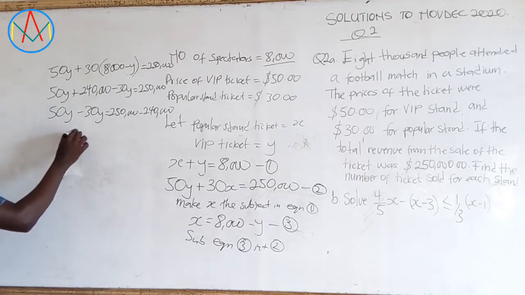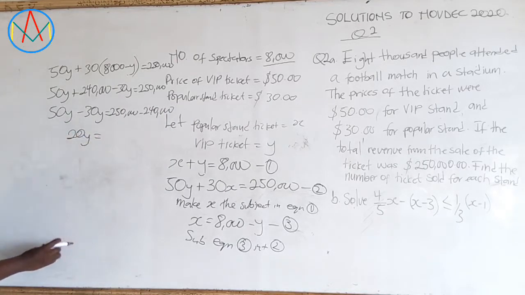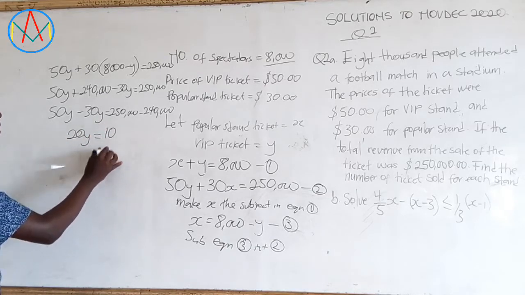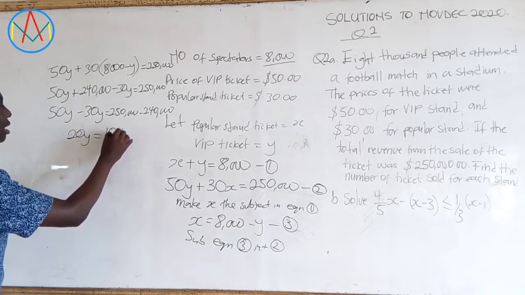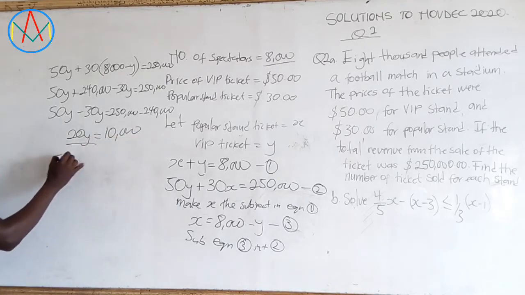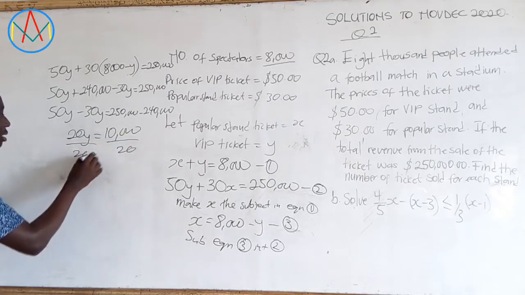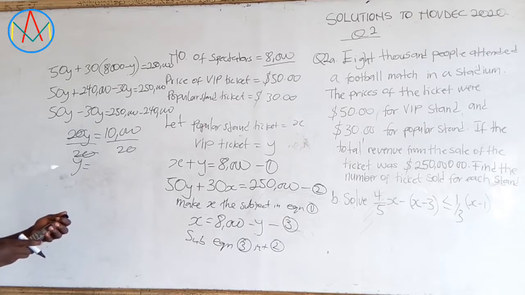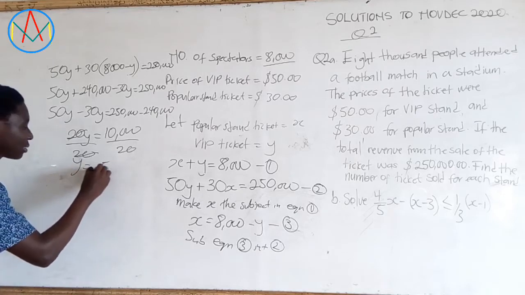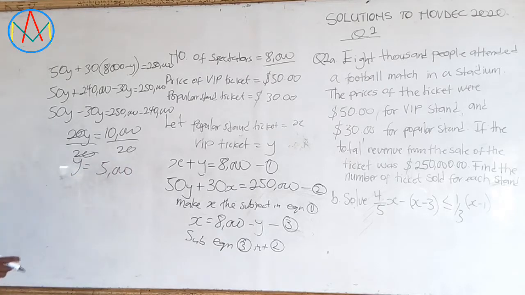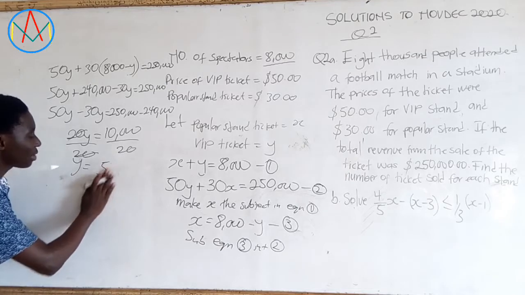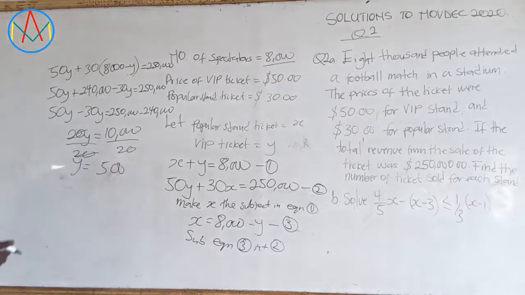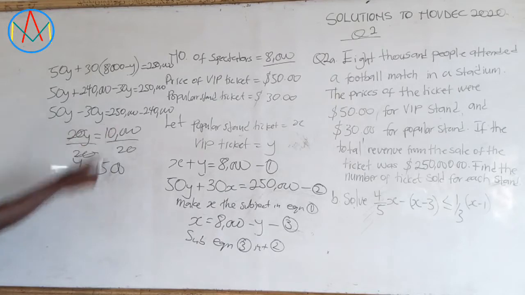Now this one I'm going to get 20Y is equal to 250,000 minus 240,000. I'm going to get 10,000. So when I divide this side by 20, this side by 20, I'm going to get Y to be equal to 10,000 divided by 20. I'm going to get 500. So Y will be equal to 500.